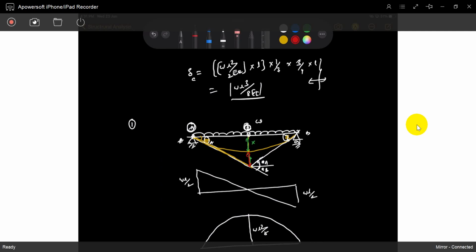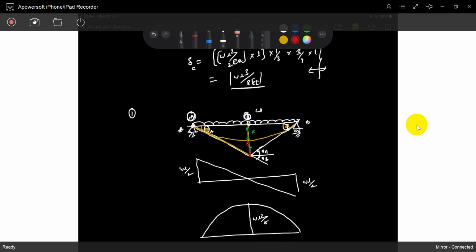The second theorem gives this value, because the deflection at point C with respect to the tangent at point A is equal to the moment of the curvature diagram with respect to the point C. But the diagram will give this value, not this value. Okay, but we have to find this value, no?